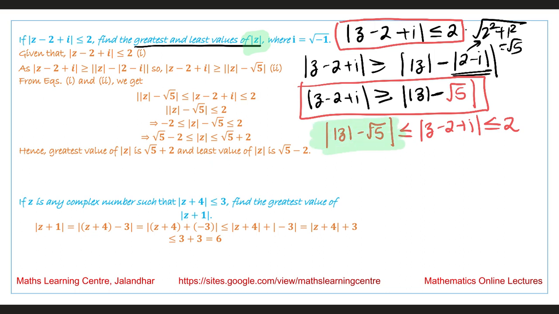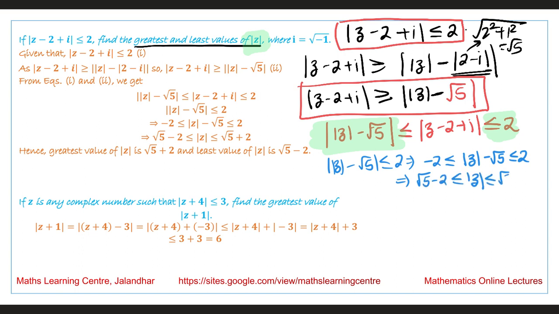So we consider this part and this part of the inequality. We get mod of z minus root 5 is less than or equal to 2. This implies minus 2 is less than or equal to mod z minus root 5 is less than or equal to 2. So this implies root 5 minus 2 is less than or equal to mod z is less than or equal to root 5 plus 2.